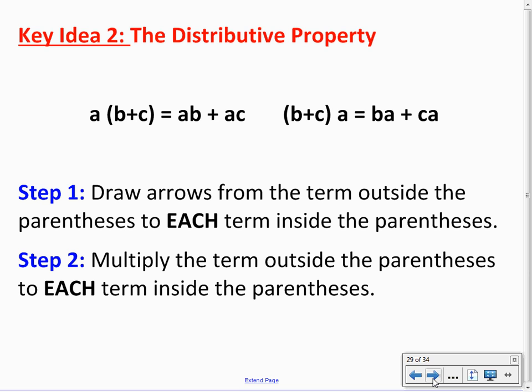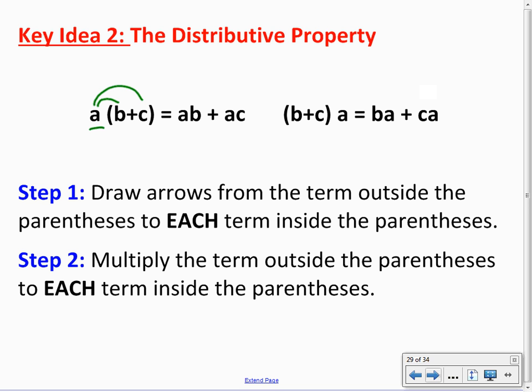And what it says is, so basically what we're doing is we're taking the A that's on the outside and we're multiplying it to things inside.